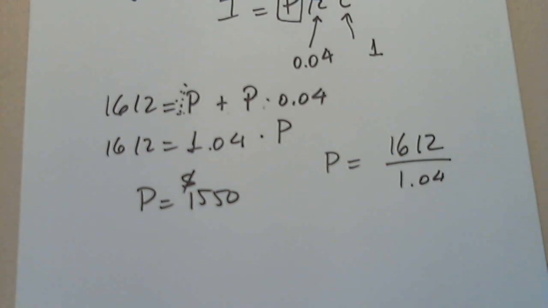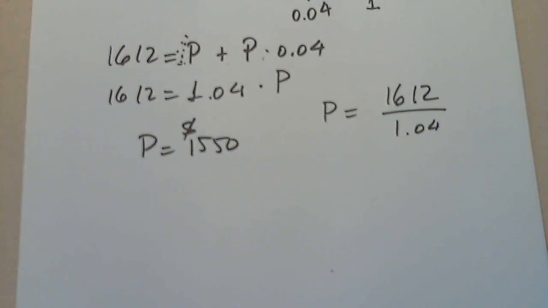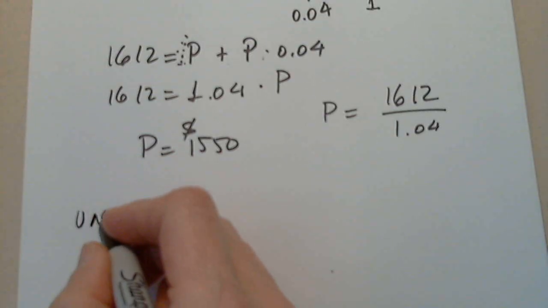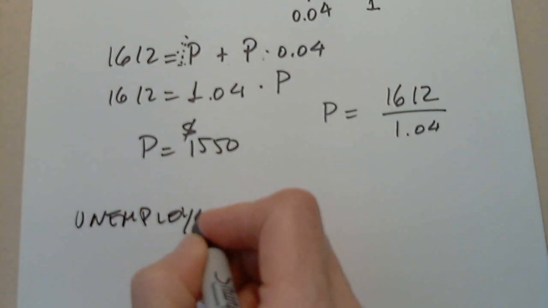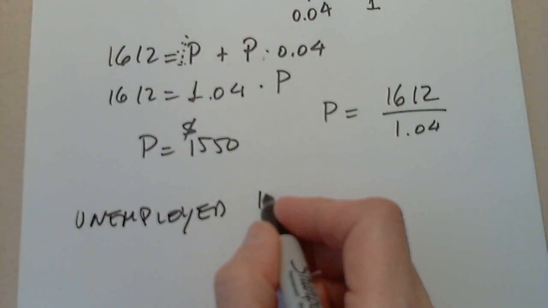Okay, I want to work on this problem too. So let's read it. A town's employment statistics show that 1,003 of its residents were unemployed last month. Unemployed, 1,003.